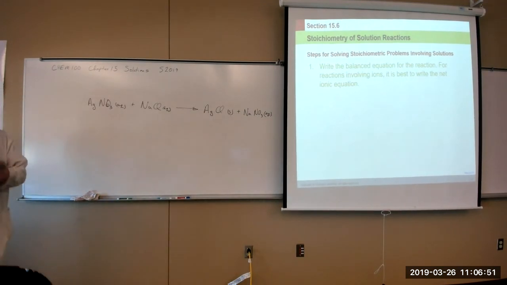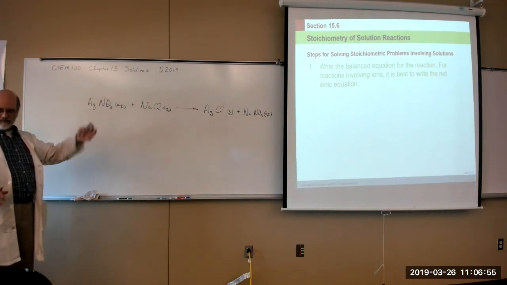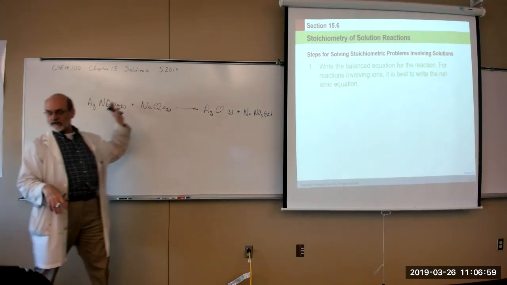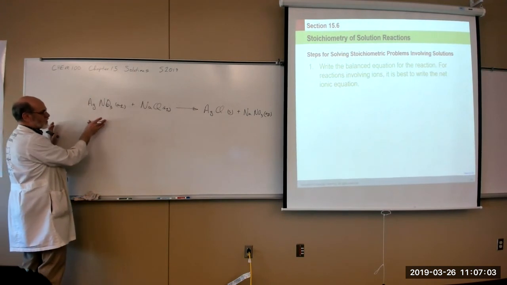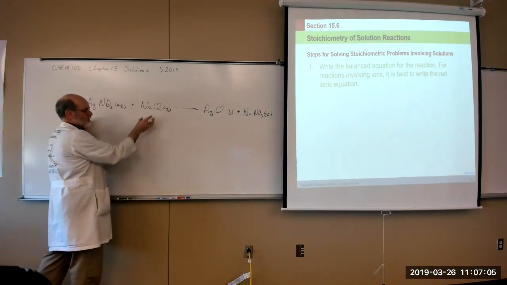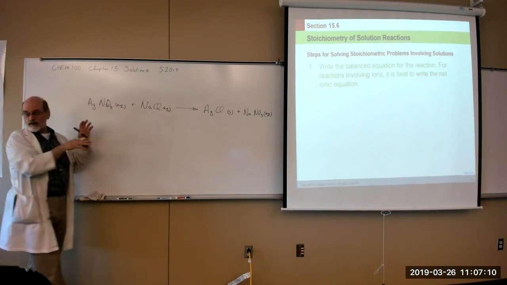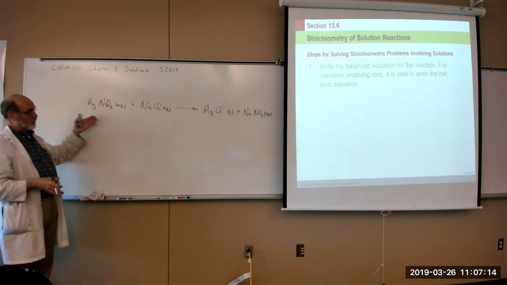So since these are in solution, our stoichiometry is not like previous equations where we had mass and we had to convert it to moles to get to one side or the other. In this one, we would have a concentration in so many milliliters, and concentration in so many milliliters, and that would tell us how many moles of each one, because molarity times volume gives us the number of moles.